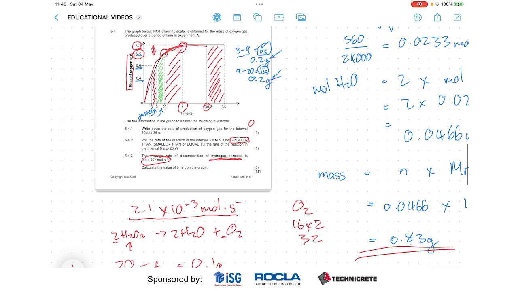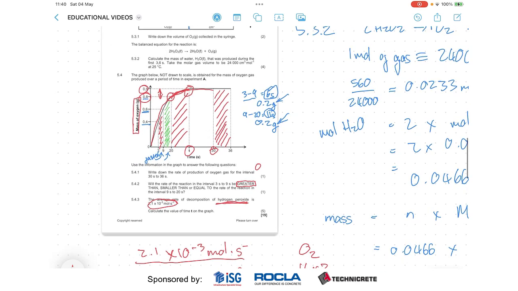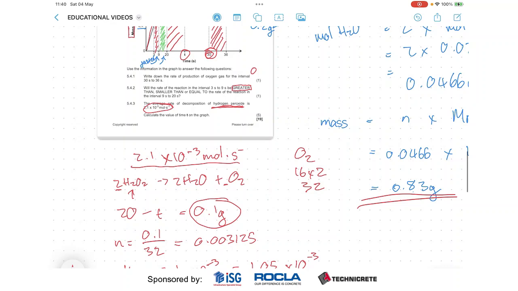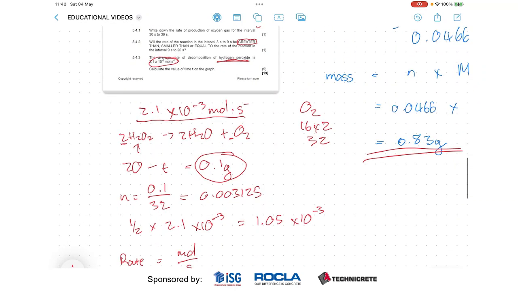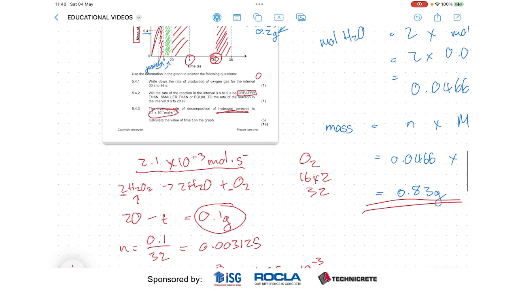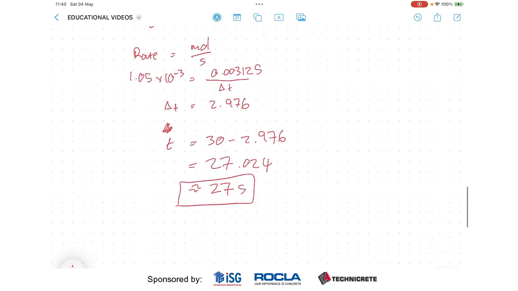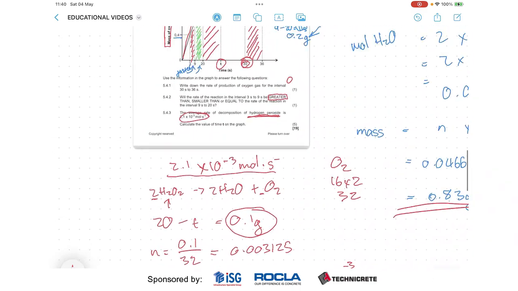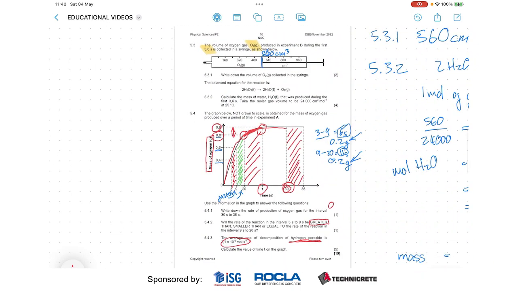But the way I did it is I just took the difference between these two. That's why I worked with 0.1, and then I calculated the average time, and subtracted from the next value, which is 30, which is actually not the most accurate way to do this, because the actual answer should be 26 point something. That is an acceptable answer. So 26.7, 26.6. We got 27 because we didn't do it the most accurate way.